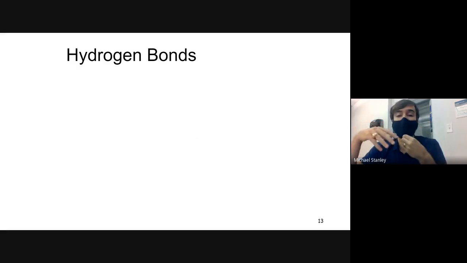The way that these bases match up, the way that they stay connected and hold the DNA together across the middle of our DNA ladder, is through a type of bond called a hydrogen bond.